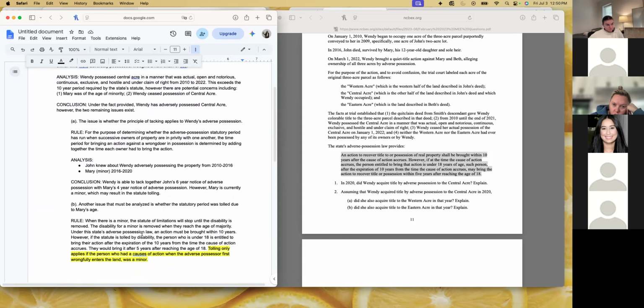However, because John had a cause of action previously and was of the age of majority, then it doesn't toll, even though that was only a 6 year period that there's a cause of action, and the rest of the 4 years for adverse possession was when Mary was a minor.